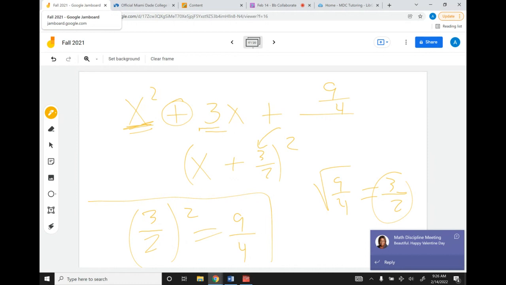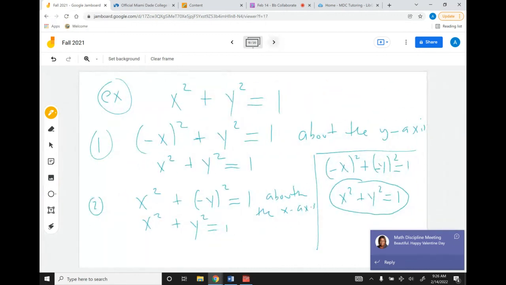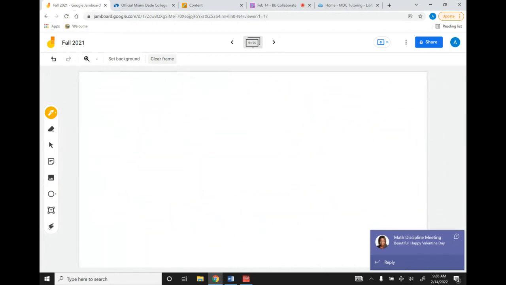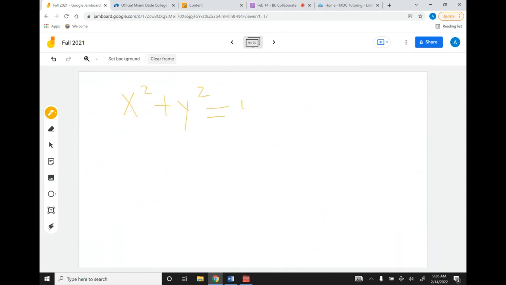Now, how do we simplify this and use this when we're dealing with circles? Okay, so we're going to get to circles. Now, this is the equation of a circle that is centered at the origin. The radius is 4. I will tell you how I got that radius. Notice that r squared is equals to 4.